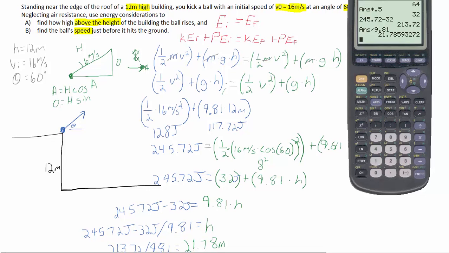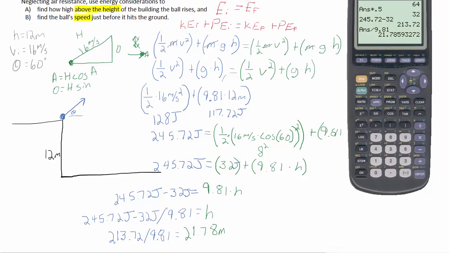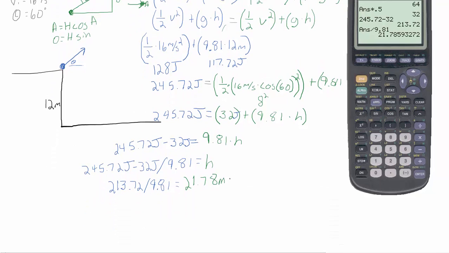But the question asked, how high above the height of the building does the ball rise? And what we just measured was from the maximum height all the way to the ground, which includes the 12 meters of the building height, and so we need to subtract that from our answer to get the actual answer.